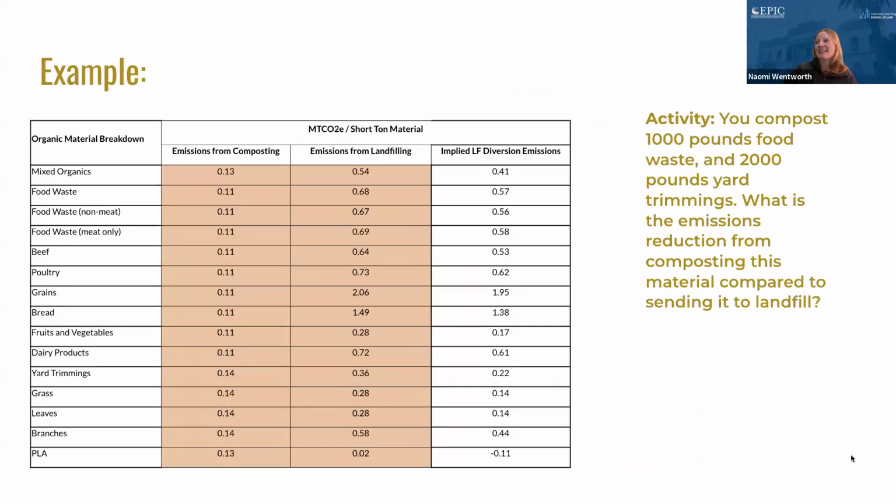So again, we're going to take this same example. You compost 1,000 pounds of food waste, 2,000 pounds of yard trimmings. Let's just compare methods.